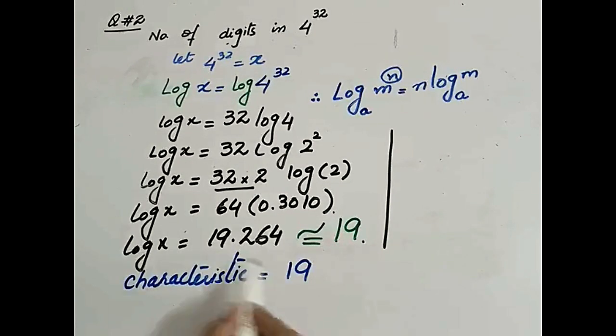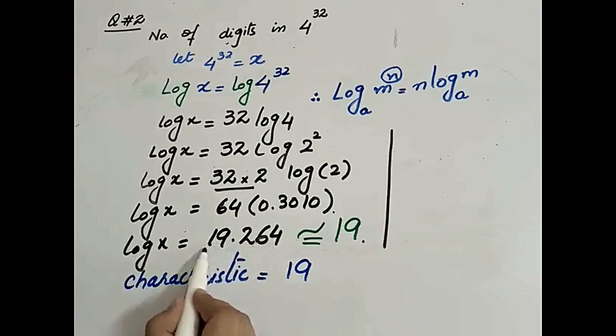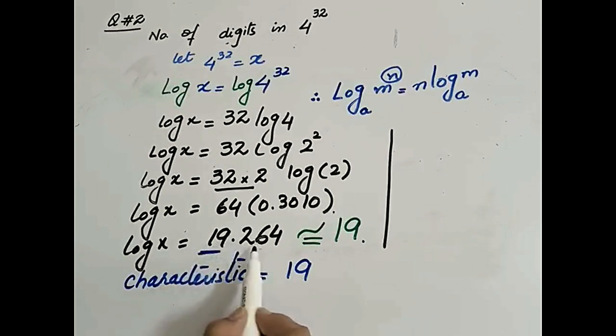So hence characteristic is equal to 19 as log of x is equal to 19.264. So integral log is the combination of characteristic and mantissa and that integral part is known as characteristic and after point it is called mantissa. So here characteristic will be 19.